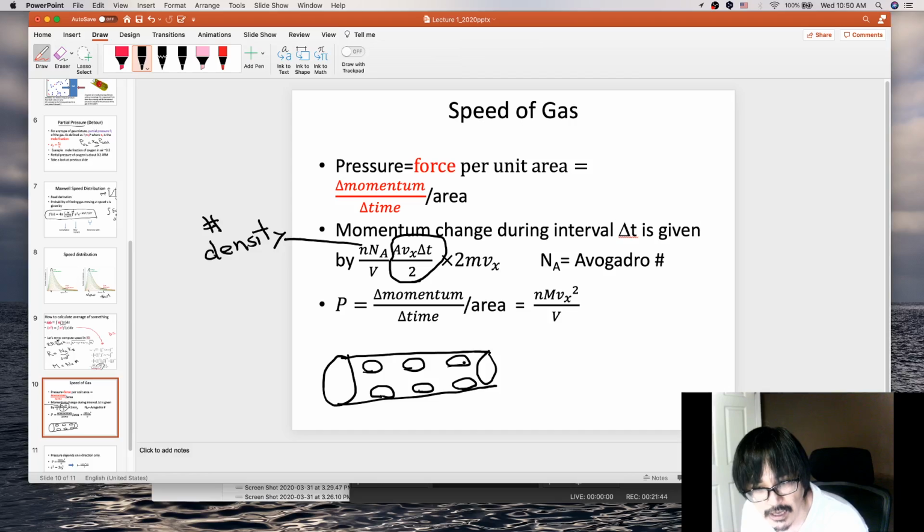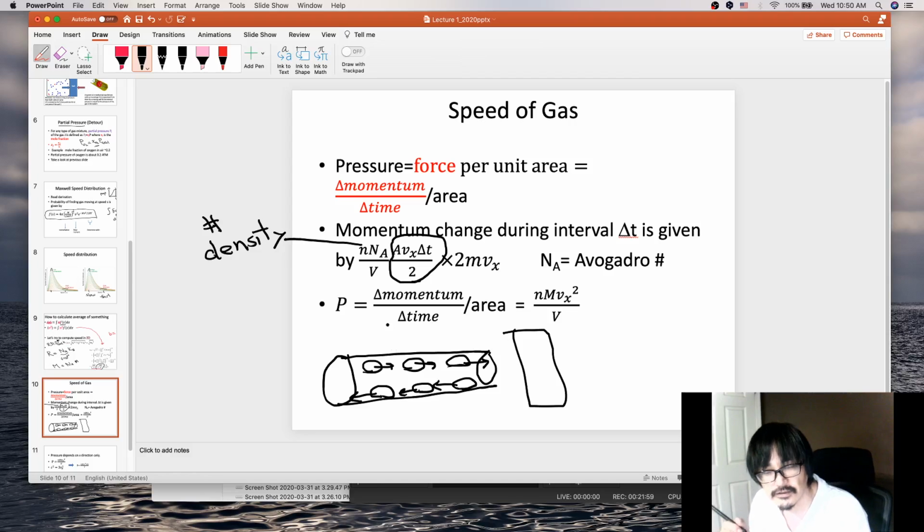And half of these guys are moving to the right, half of these guys are moving to the left, right? But only the ones moving to the right are actually hitting the wall. So if you're interested in the collision frequencies, you only care about half of these guys. That's why I have divided by 2 here.